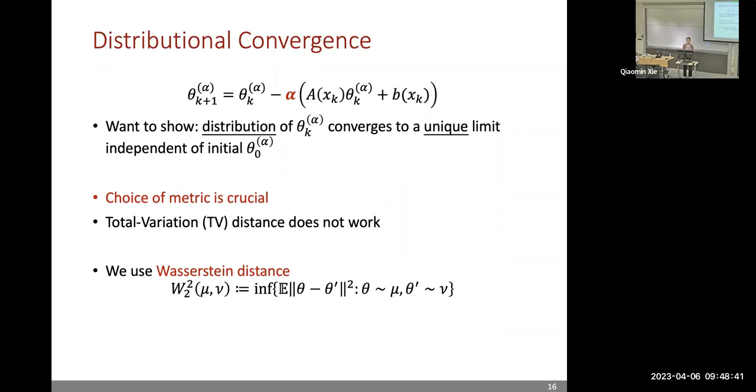What additional information does the distributional convergence give? Very good point. Later, in order to capture the limit, we need to deal with the distribution. If you just look at the mean square error, that doesn't give you a precise characterization of the limit. So we will see that later. Very good question.